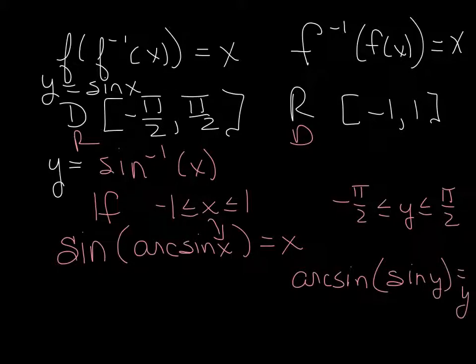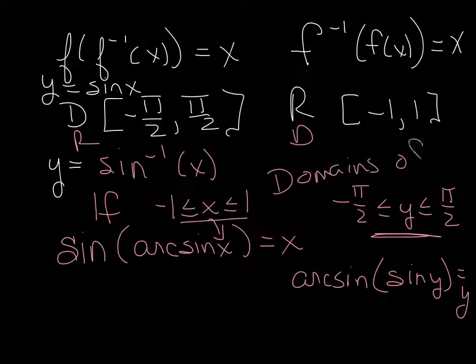Notice this has to do with the domains of the inside function. Well, I'm running out of room, but domains of the inside function. So let's just look at a couple of examples.